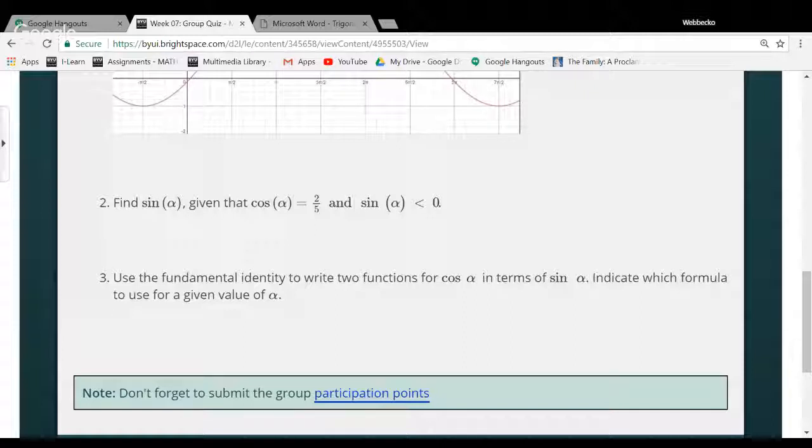Oh. Okay. So basically, I think that's what I would do. So we just show the example of the 30-60 triangle?